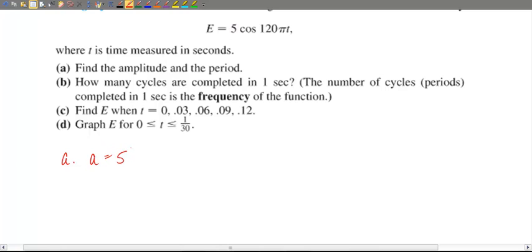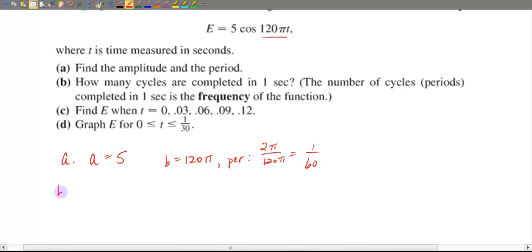Okay, what is the period of this function? Well, if b is 120 pi, then the period of the function would be 2 pi over 120 pi, which would be 1/60.